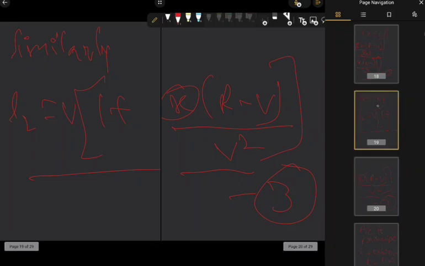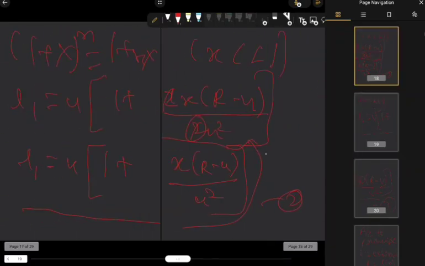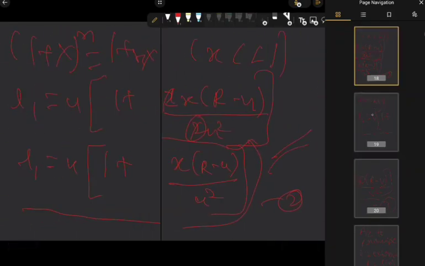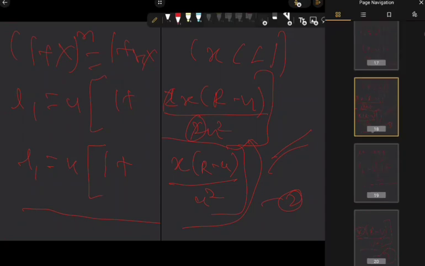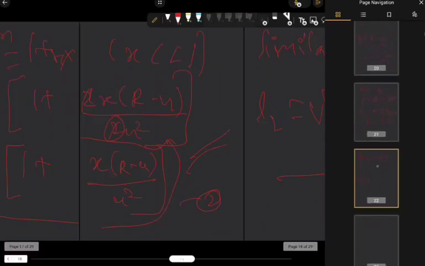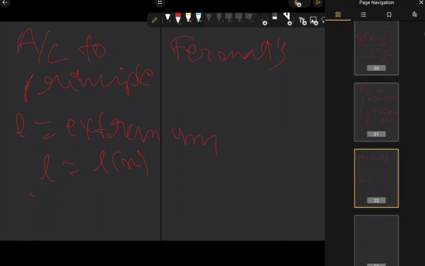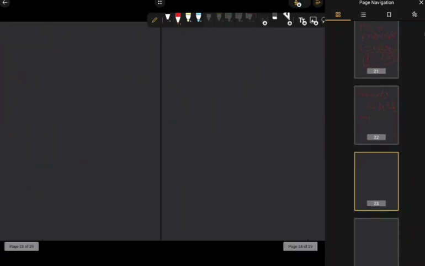Your L1 is also a function of x, because everything else is constant. So the overall L, which is L1 plus L2, will also be a function of x. So L is equal to L of x, and you apply Fermat's principle that this is extremum, that is, its single derivative is equal to 0.